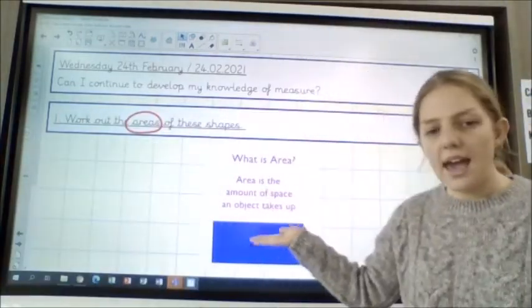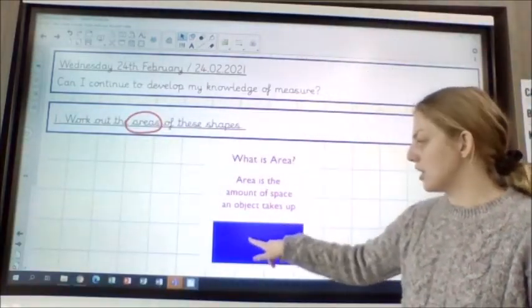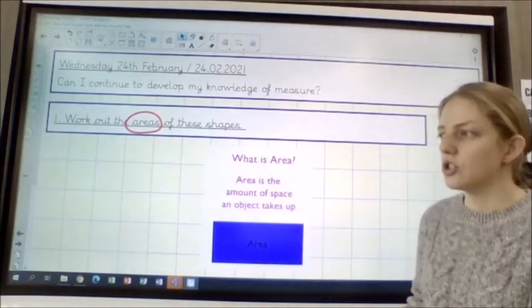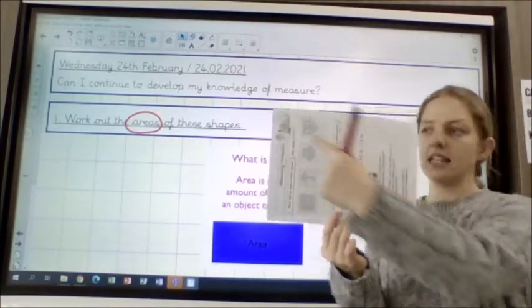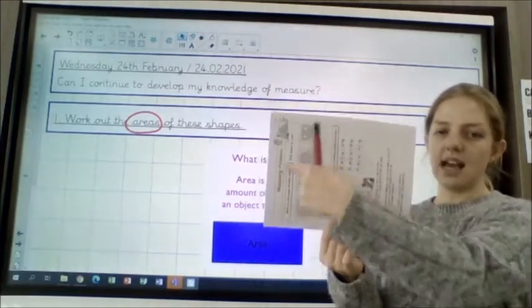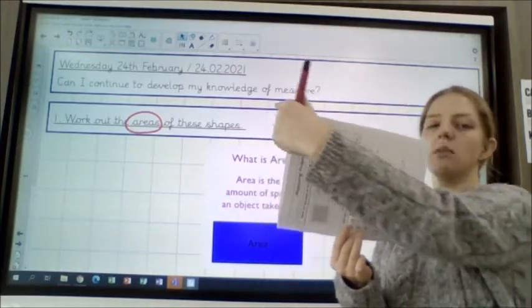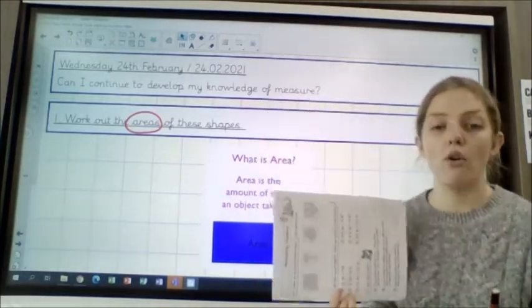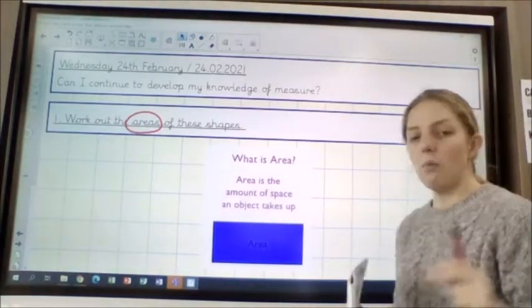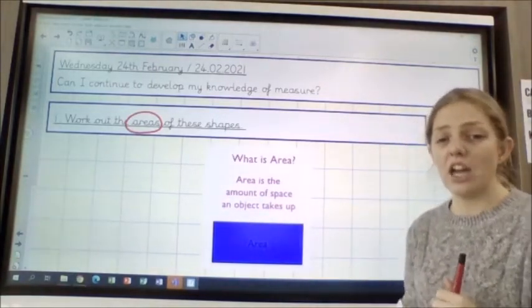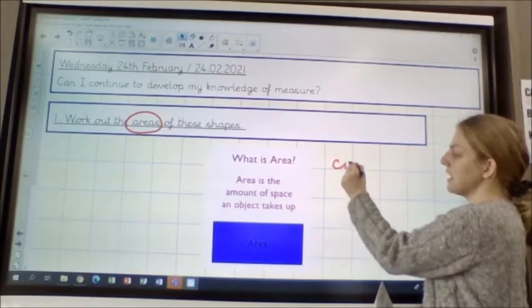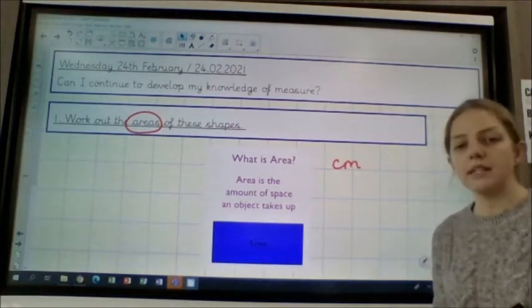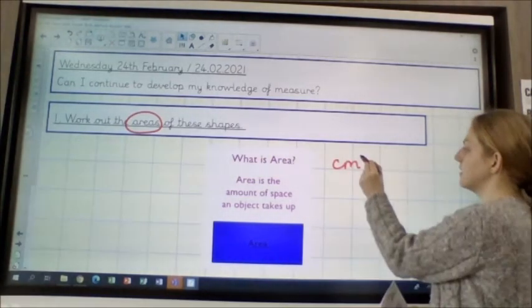Area is the amount of space an object takes up. So the space inside this book is the area. The bit outside the book is the perimeter. When you measure area, you don't just put centimetres, you put centimetres squared.